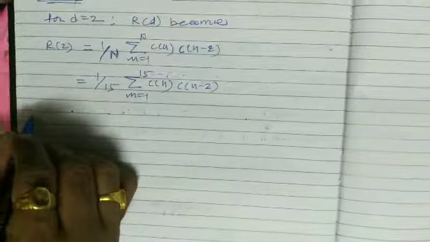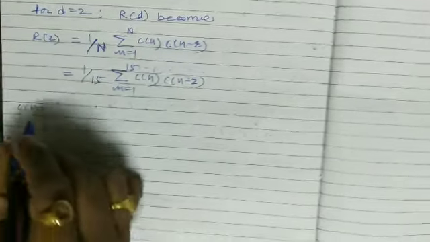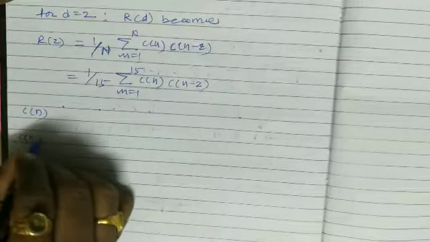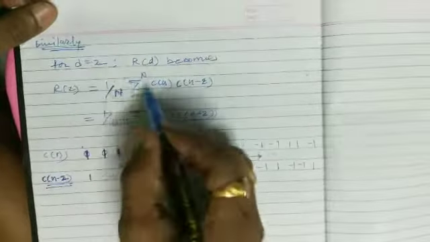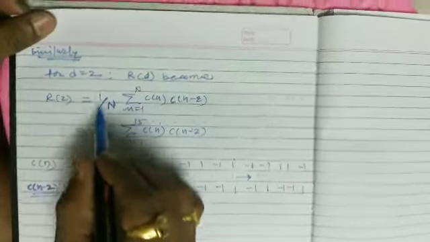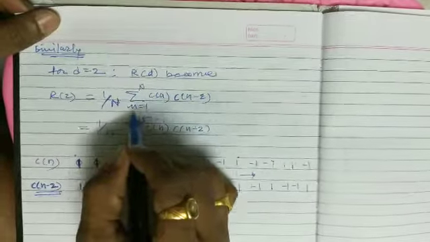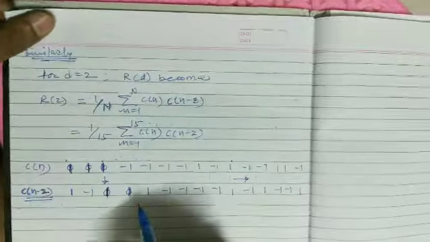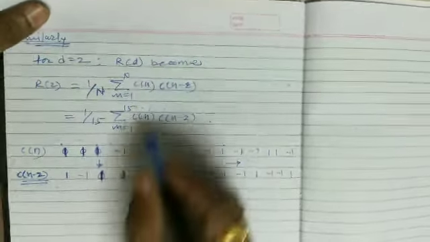Again we need to mark our signals, that is C of n and C of n minus 2. So similarly for d is equal to 2, the autocorrelation R of 2 is equal to 1 by capital N summation n is equal to 1 to capital N C of n into C of n minus 2.